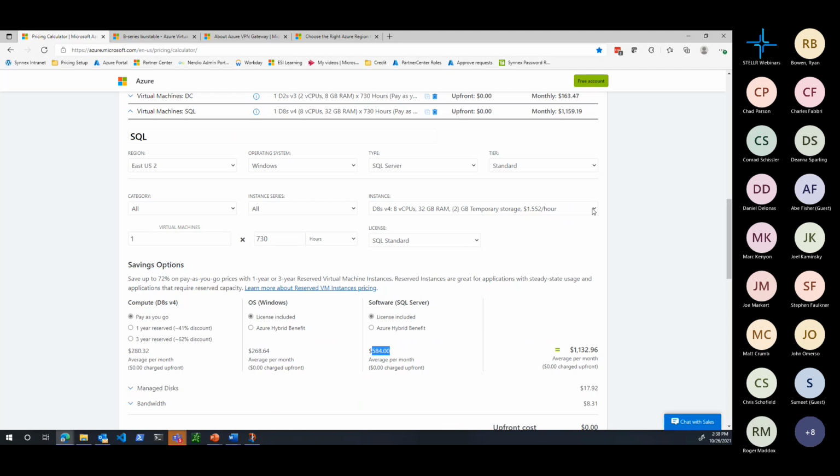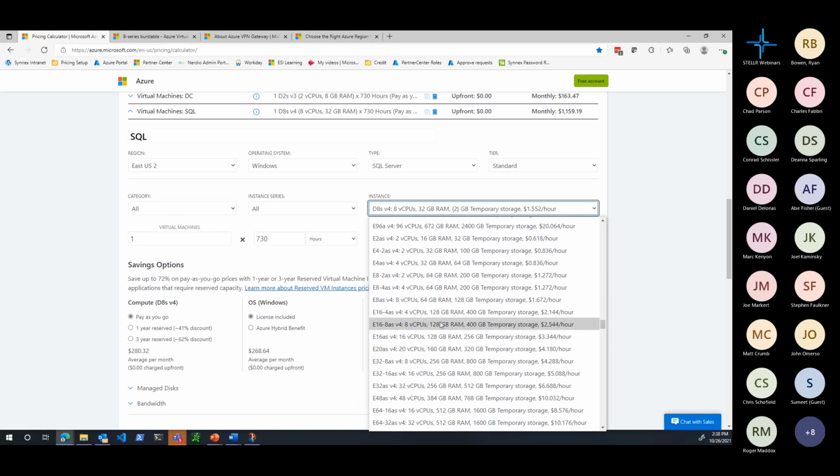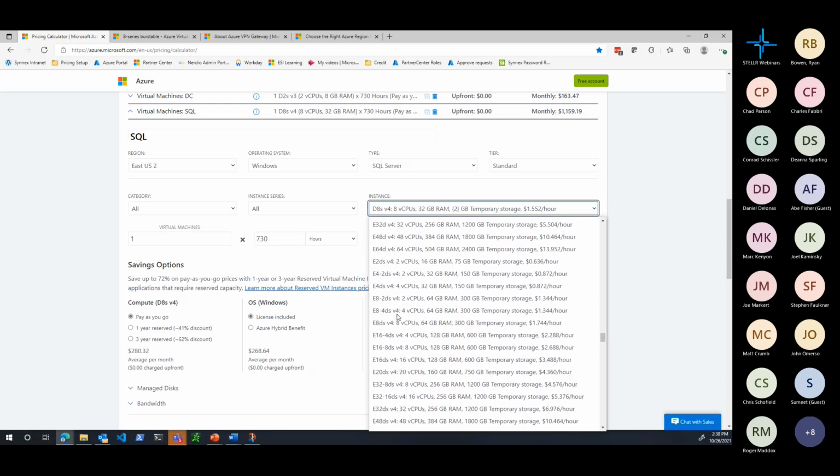And one of the things when you're selecting SQL, which is why we will often go down to these E-level machines, one, is that they're higher memory, lower CPU count, but you can also see that there's this 128 gigs of memory on the E16. So an E16 usually, these are the AS servers, which I think are AMD. So let me see if I can find the, yeah.